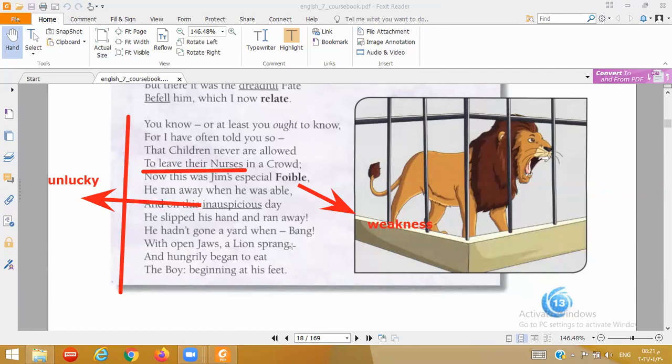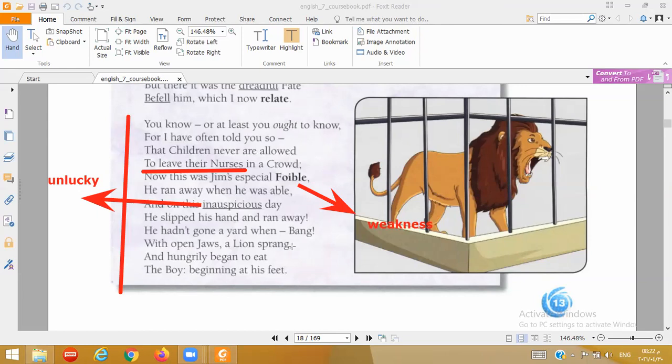So the children with their nurses or their teachers, she said children are never allowed to leave their teachers' hands. But Jim's special weakness, his foible, is that he ran away when he was able, which means Jim was a naughty boy. Whenever he has the chance to run away, he will do it.